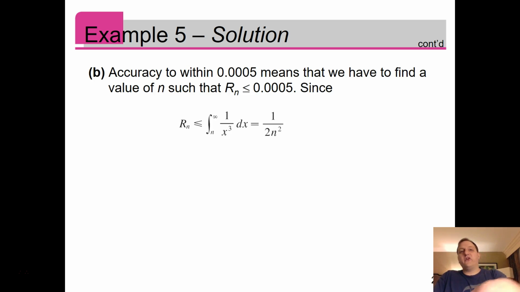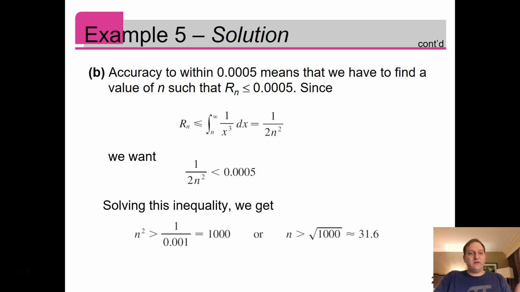All right, so now let's look at part B. Part B means my error term needs to be less than or equal to 0.0005. So essentially, we're saying that 1 over 2n squared has to be less than 0.0005. This is exactly like we did before with the error bounds for Simpson's rule, the midpoint rule, and the trapezoid rule. We're just going to solve this for n.